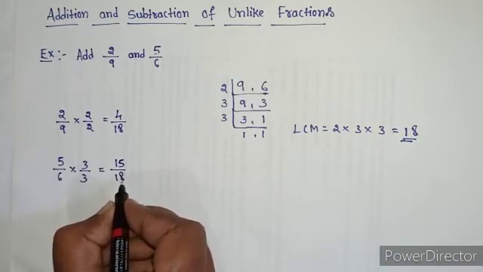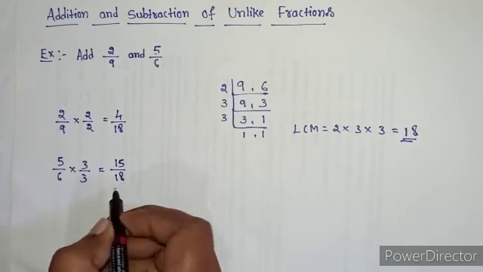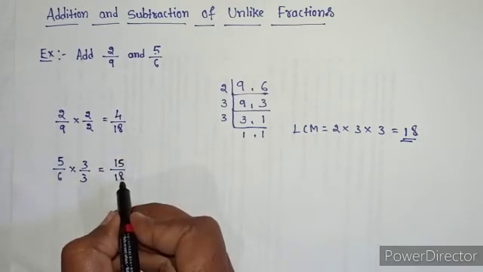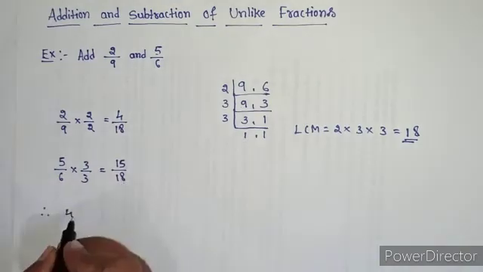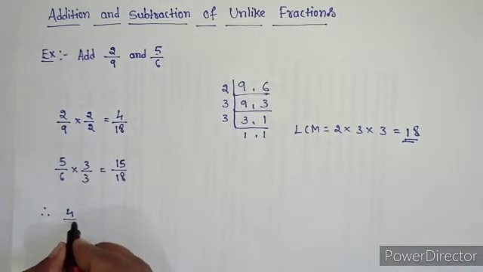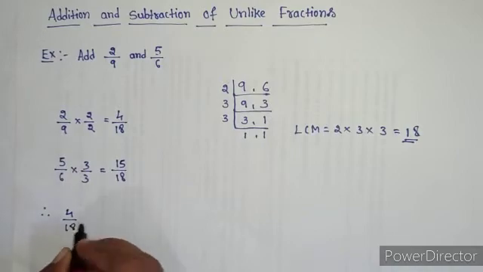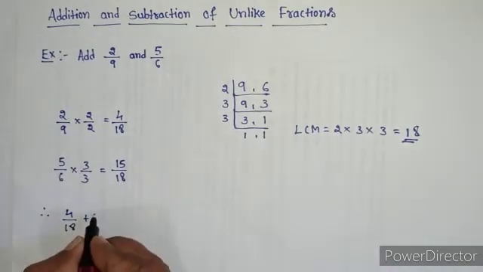So now here denominators are same, right? 18 and 18. So write 4 over 18 plus 15 over 18.